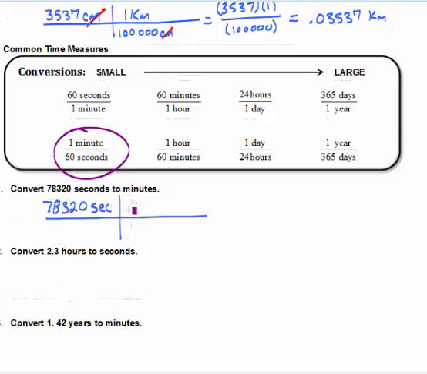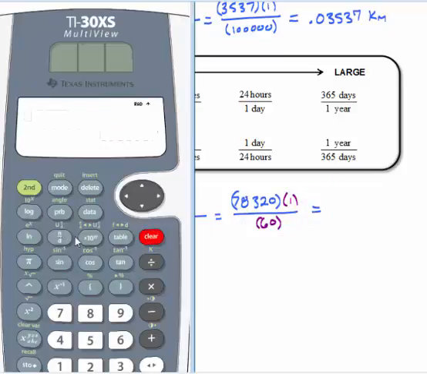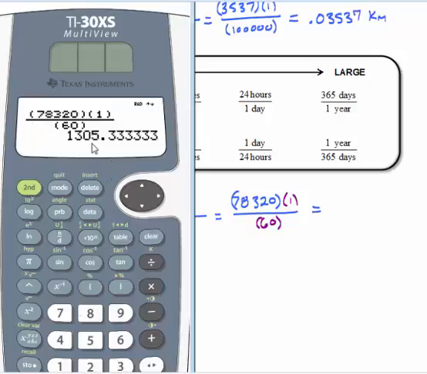So I could write 1 minute is 60 seconds, and you can see here seconds and seconds divide out, and I have 78,320 all over 60 seconds, and then we can type that into our calculator. And we get 1,305.3 minutes.